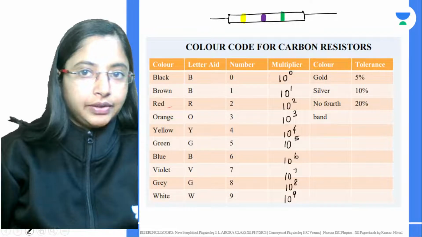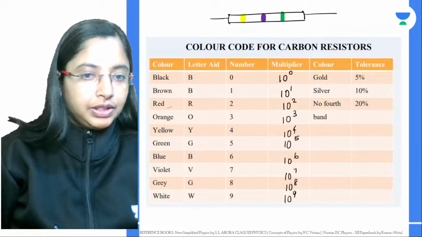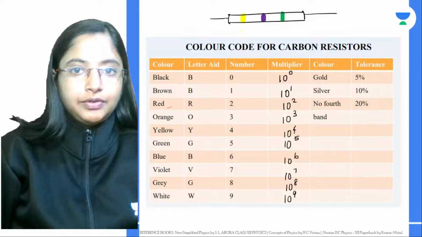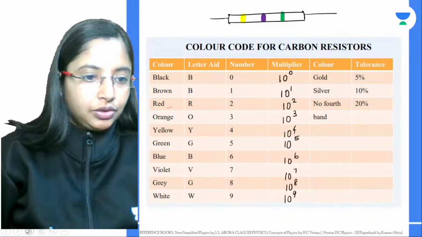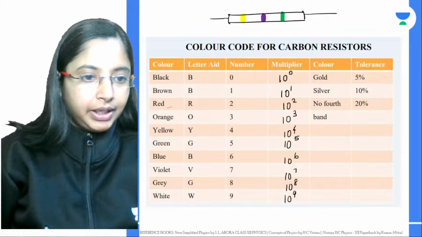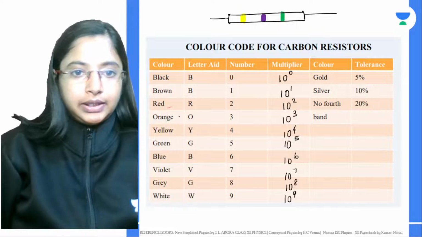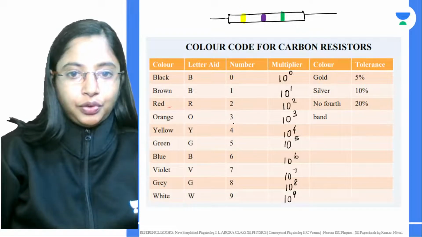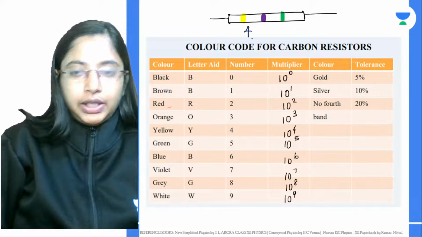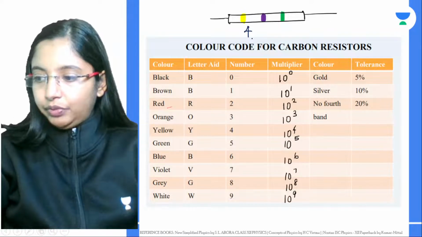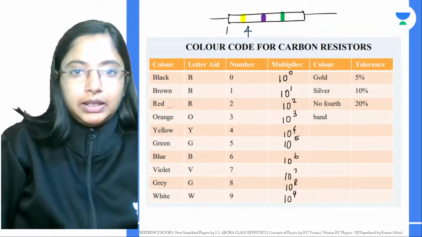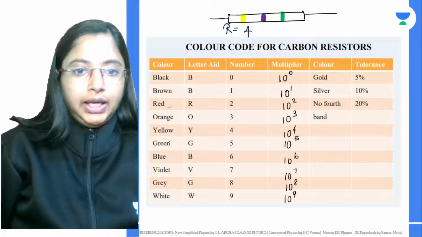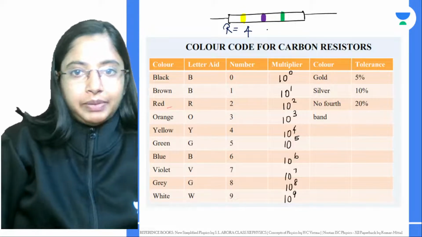Very simple to find. The yellow band gives you the first significant digit, which is given by the value 4. And violet is given by 7.